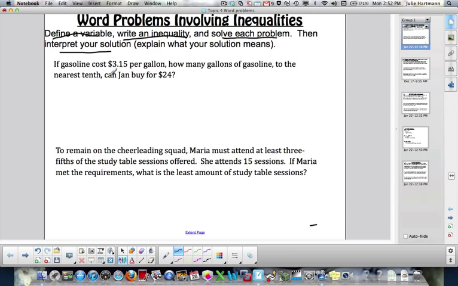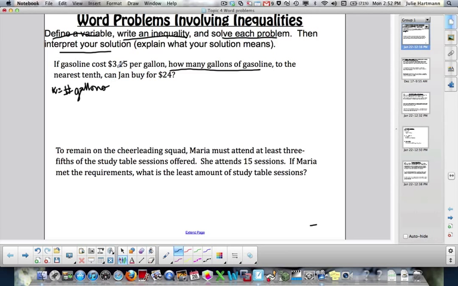Okay, so first problem. If gasoline costs $3.15 per gallon, how many gallons of gasoline to the nearest tenth can Jan buy for $24? So, how many gallons of gasoline means x equals our number of gallons.